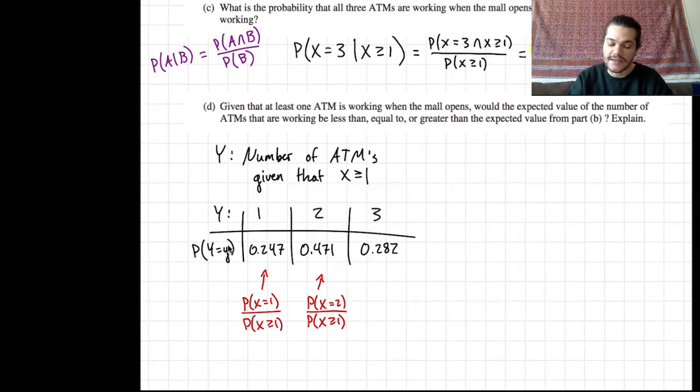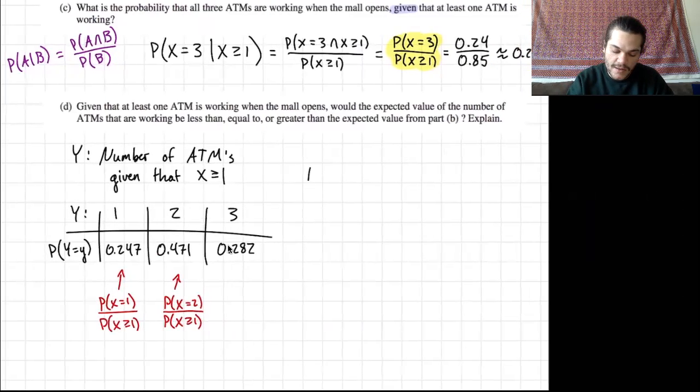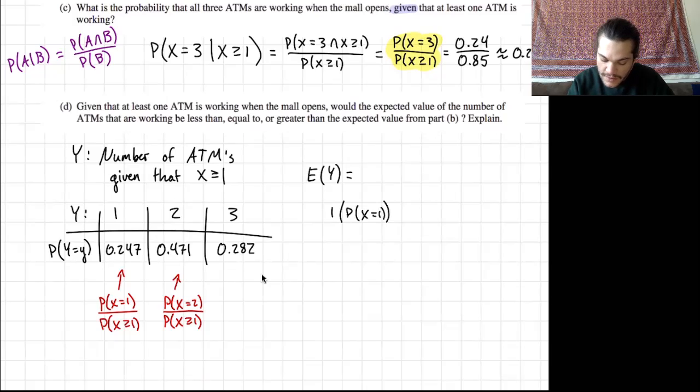Now let's find the expected value for y. So we're going to take that weighted average of this new table over here. We're going to take 1 times 0.247 plus 2 times 0.471 and 3 times 0.282, which means we're taking 1 times the probability that x equals 1, and so on.